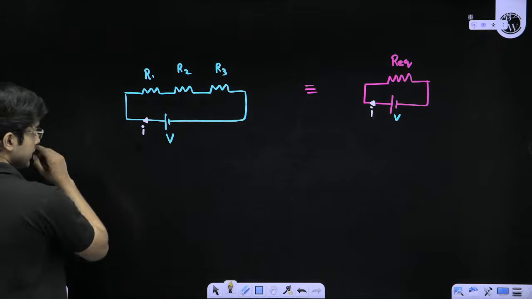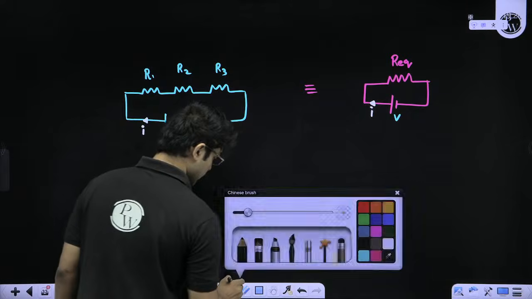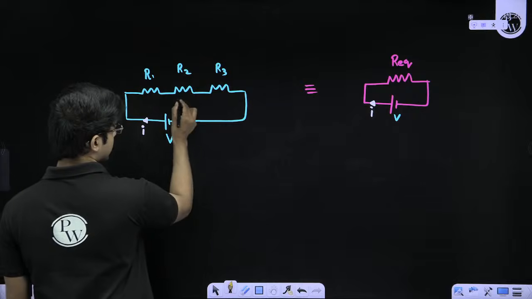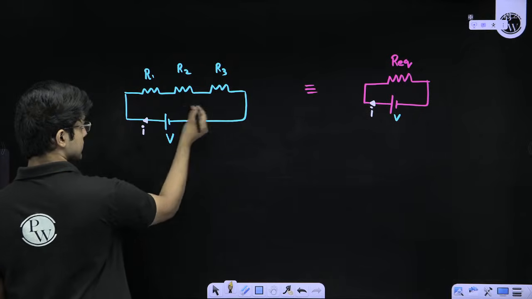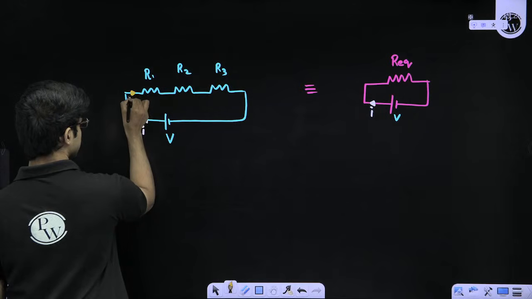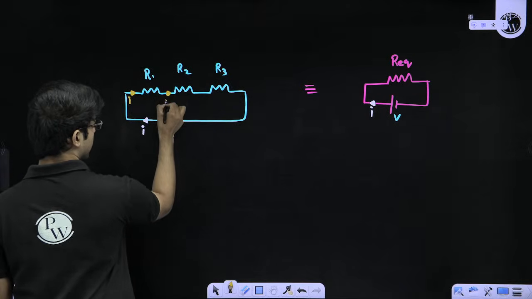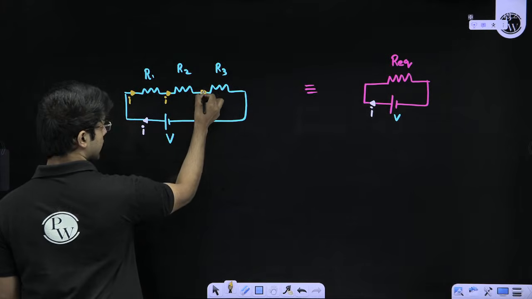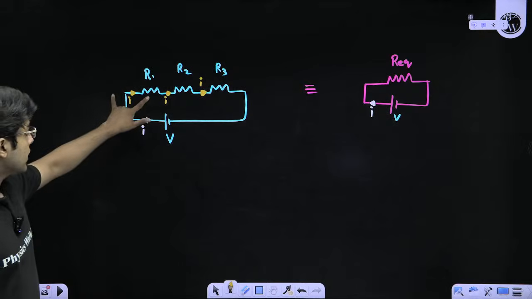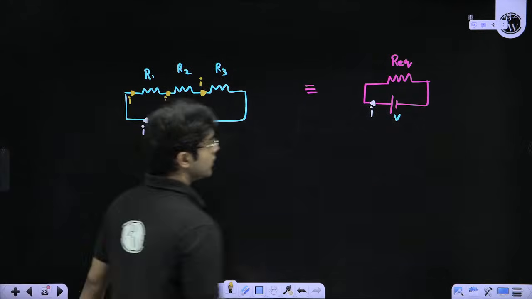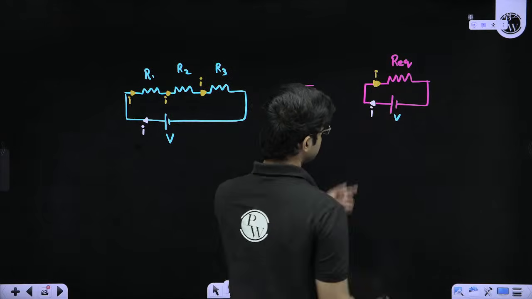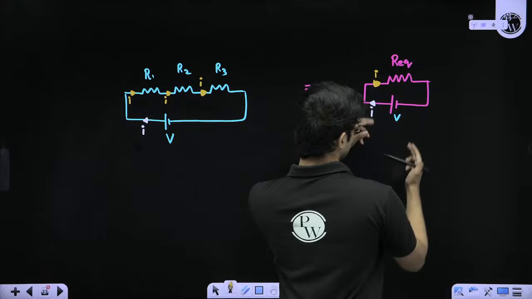The first thing is about series combinations. Everywhere in this conducting wire that you are seeing, including the resistances as well, the current is going to be the same. So the current here will also be I. Current in R2 will also be I, and current in R3 will also be I. So in the equivalent diagram also, current will be I. Now here it is easy to write V equal to IR.